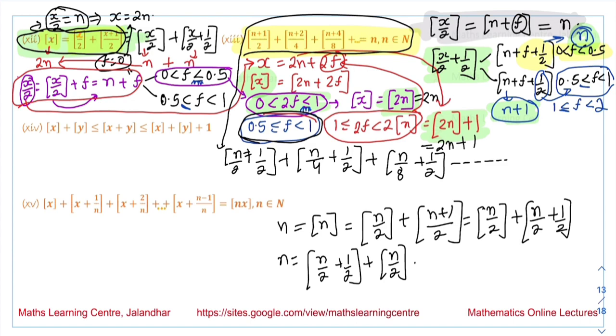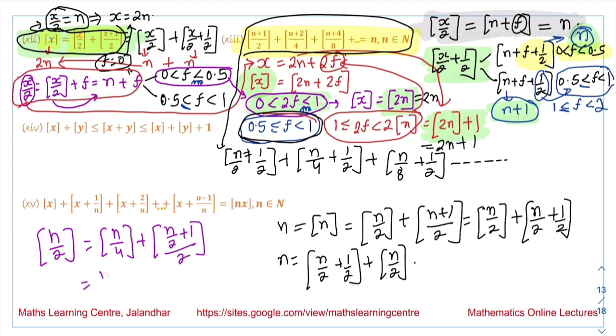Now if we use the same formula for the value n by 2, the greatest integer of n by 2 will be equal to the greatest integer of n by 4 plus n by 2 plus 1 by 2. So the answer you will get is n by 4 plus the greatest integer of n by 4 plus 1 by 2.